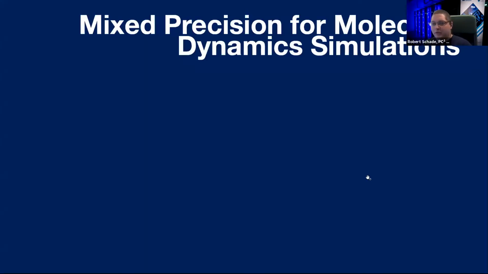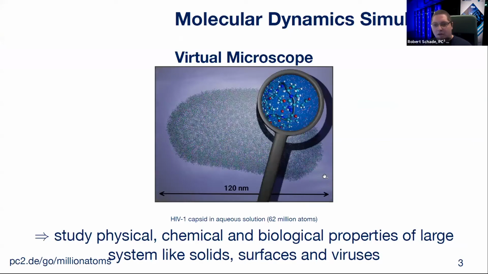At first, I would like to start outlining the necessity for mixed precision arithmetic operations for molecular dynamic simulations. And start with why, in the grand scheme of things, we actually want to do molecular dynamic simulations, in case there are some people here who might not be physicists or chemists.